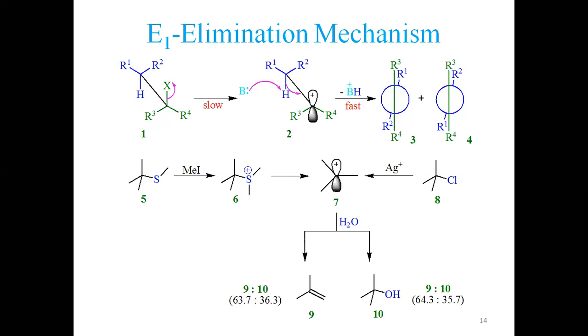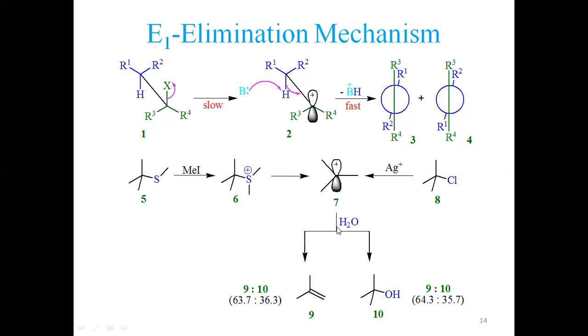What we are generating here is the intermediate, which then reacts with another reactant, the base, to generate the product. So whether this intermediate is generated from substrate 8 or from substrate 5, in both cases, whenever it reacts with water, it forms the same two products at the same temperature.